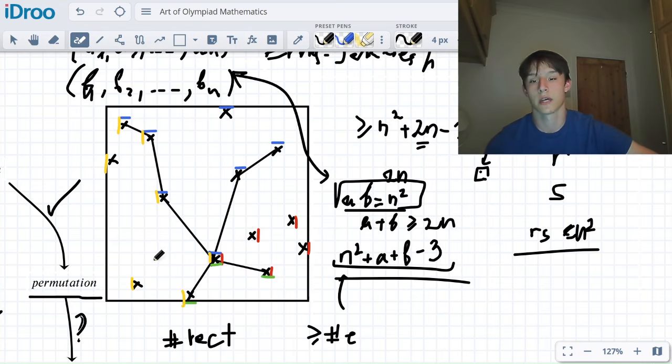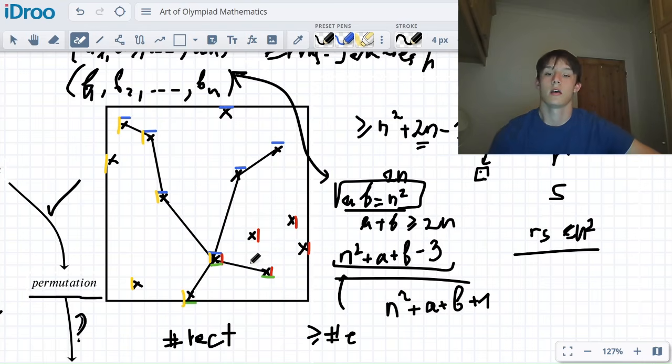And in total, you do get n squared plus a plus b. You have n squared, you get plus a plus b from both paths, and you should add 1 because we counted this twice, and we also counted the other sides.